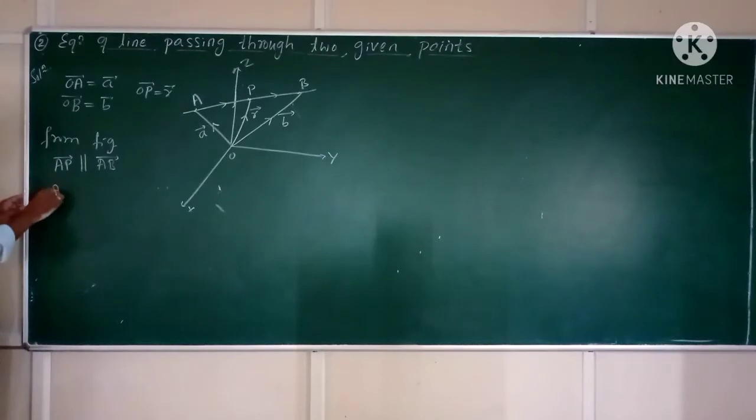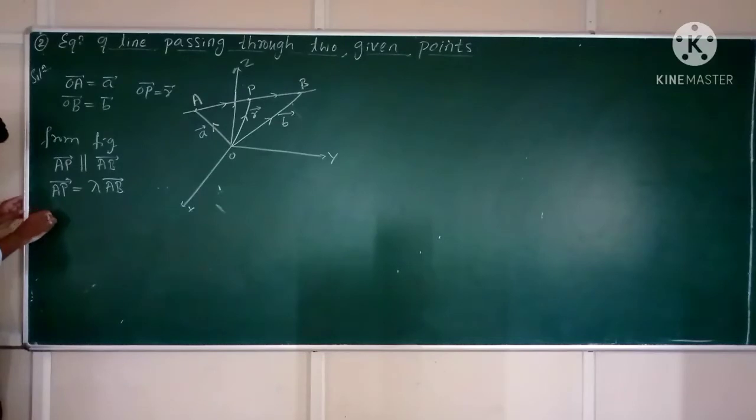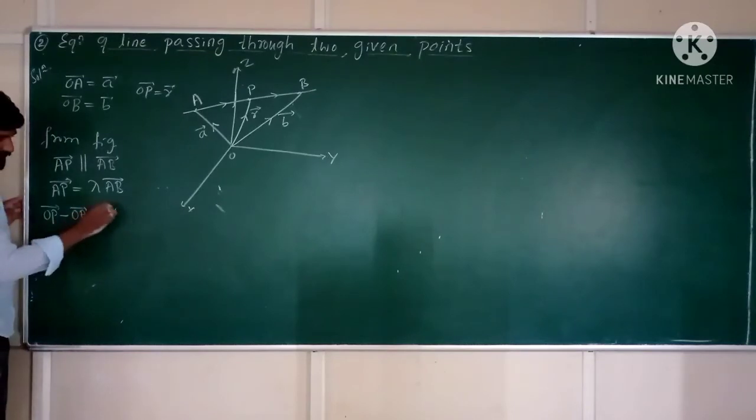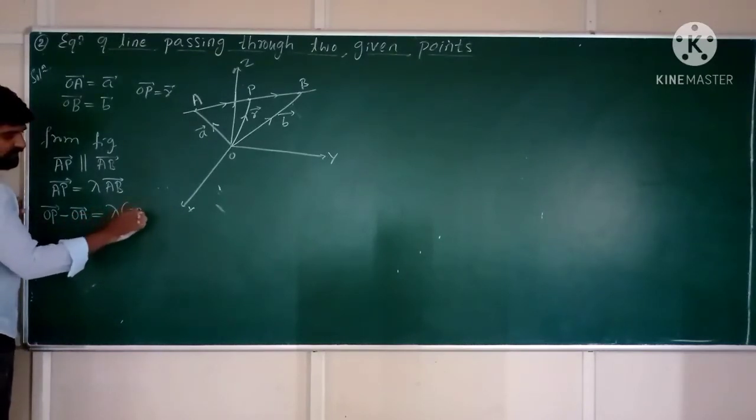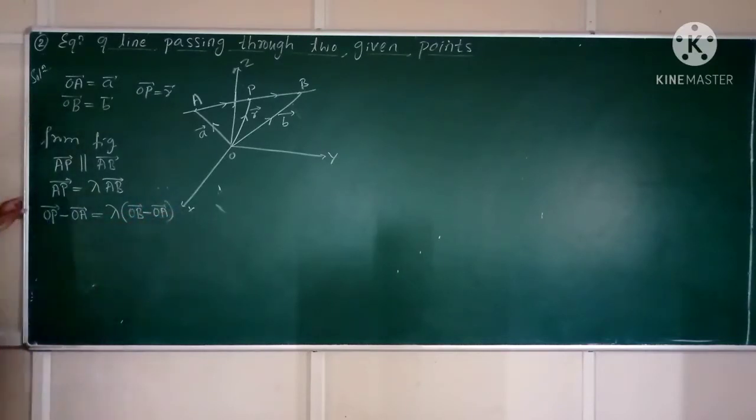It means AP vector is equal to lambda times AB vector, and AP vector can be expressed as OP vector minus OA vector, which is equal to lambda times AB vector, which can be written as OB vector minus OA vector.